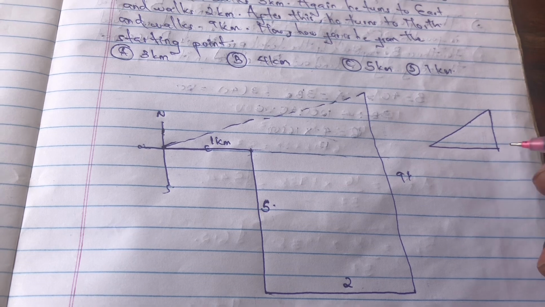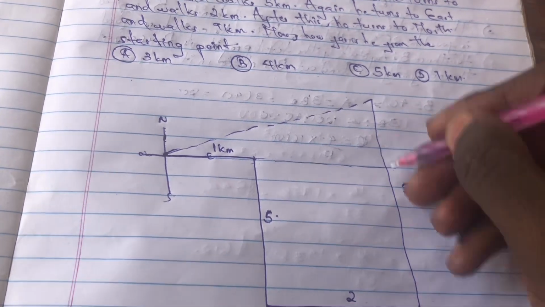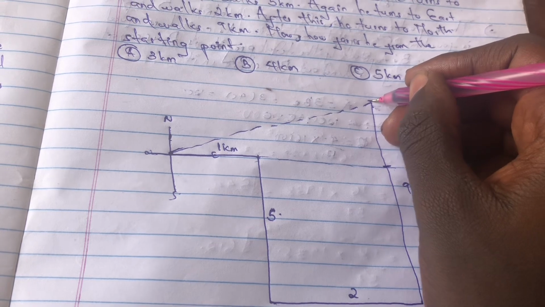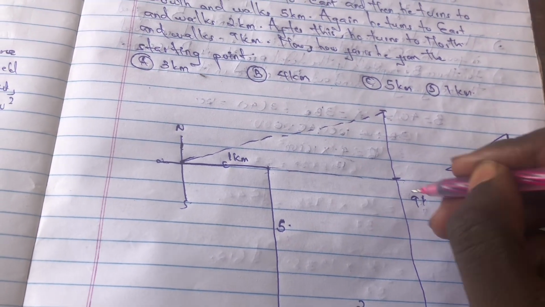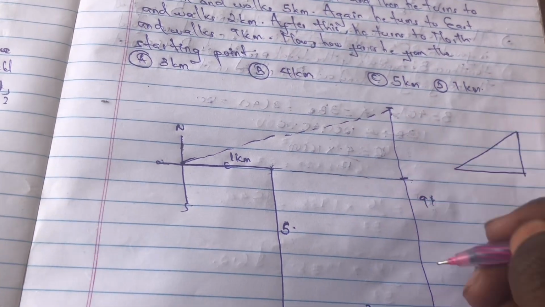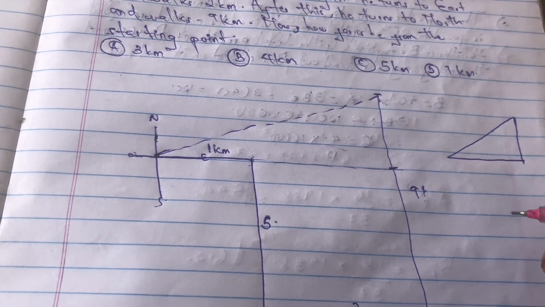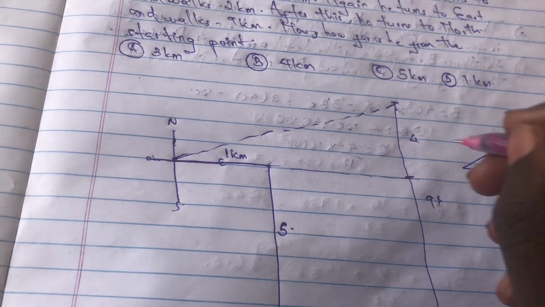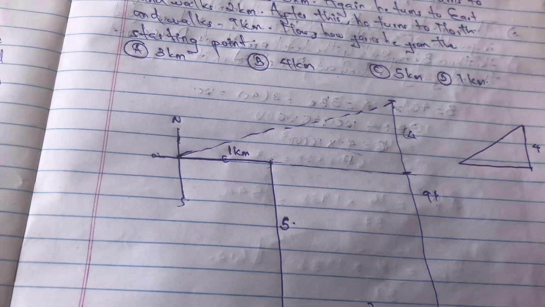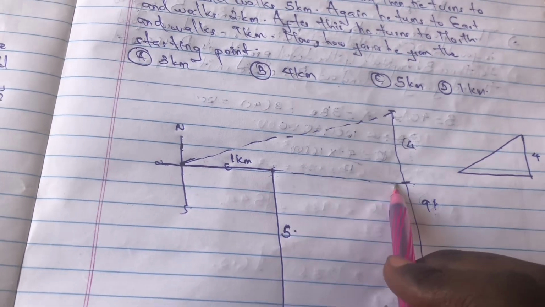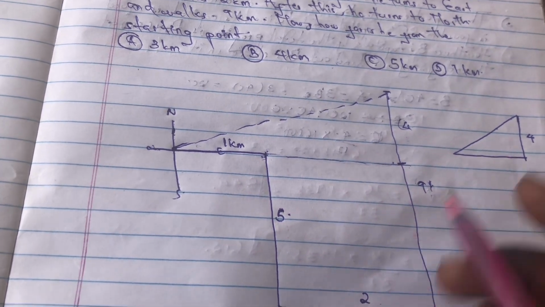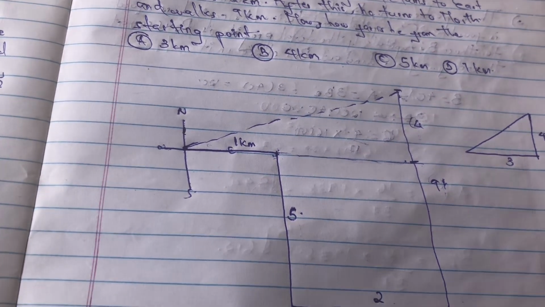Together. So remember, from here up to here, it's a distance of 9. That means to get this distance, we shall get 9 minus the distance from here up to here, which is 5. So 9 minus 5 gives us 4. Are we together? So this short distance here is 4. To find this one, remember from here up to here it's 1 kilometer, plus from here up to here, which is 2, giving us 3 kilometers.